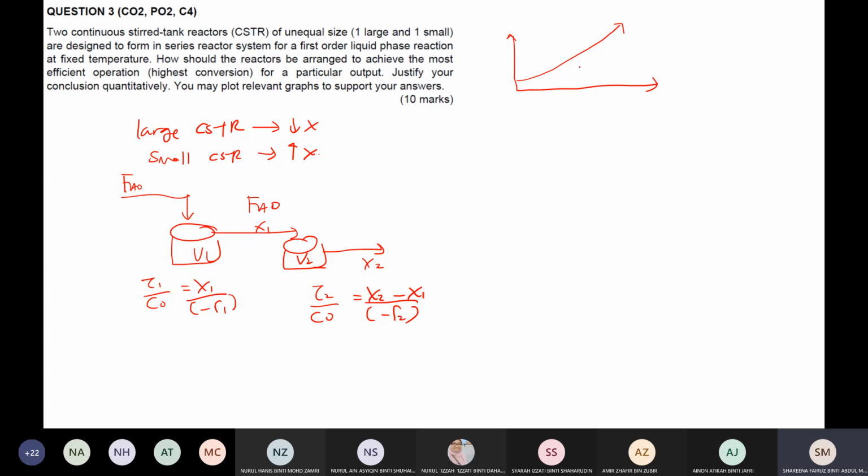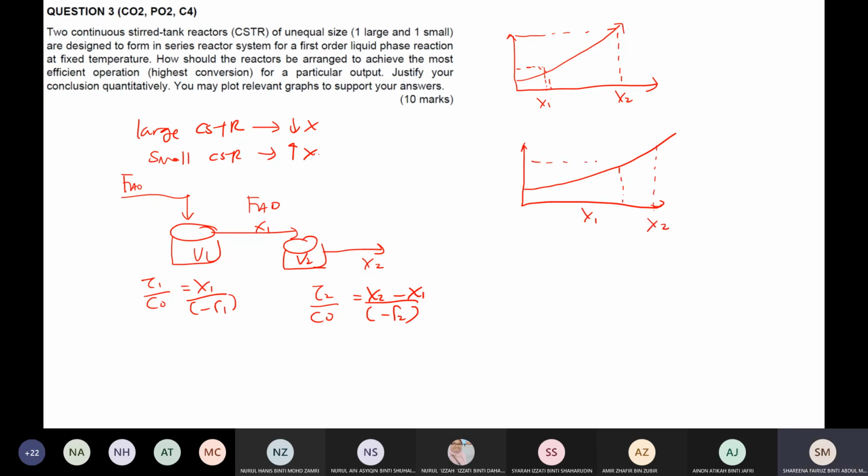Okay, so kalau let's say X1 awak rendah, okay, tapi X2 tinggi. Okay, kalau you tengok, kalau X1 rendah, okay, compare dengan, okay, I buat dua graph. Compare dengan X1 rendah, X1 tinggi, X2 rendah, okay.